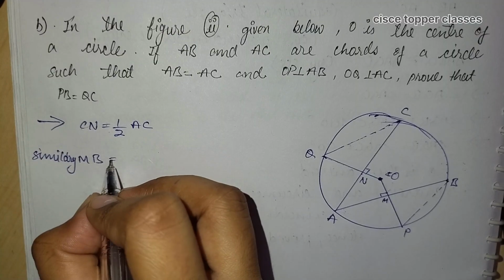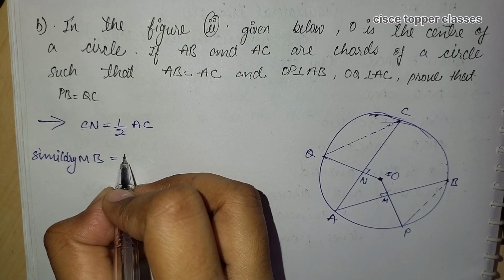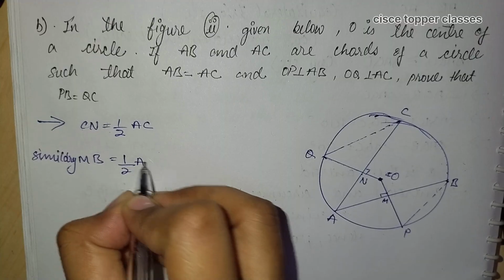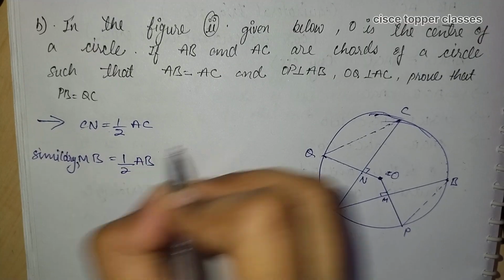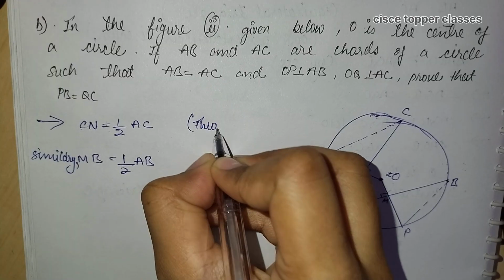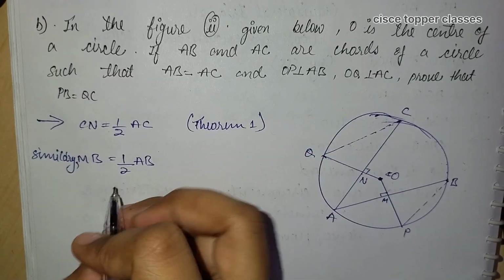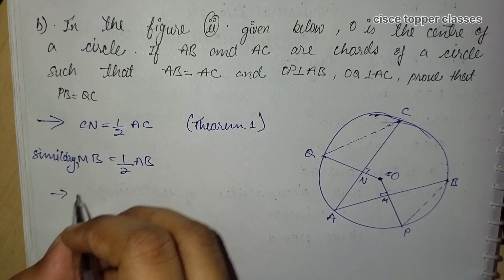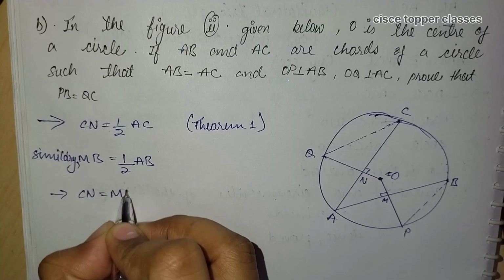Similarly, MB is equal to half of AB, because we have it by theorem 1. Since this is half of AB, we can write CN is equal to MB.